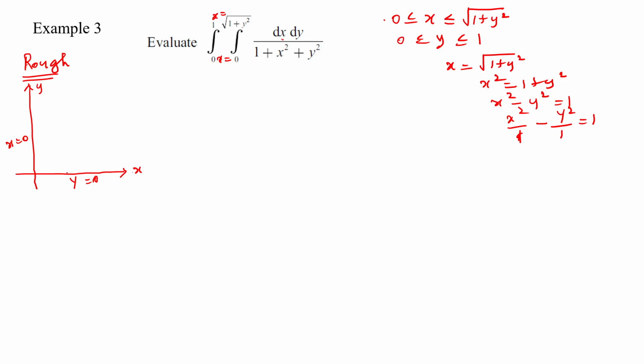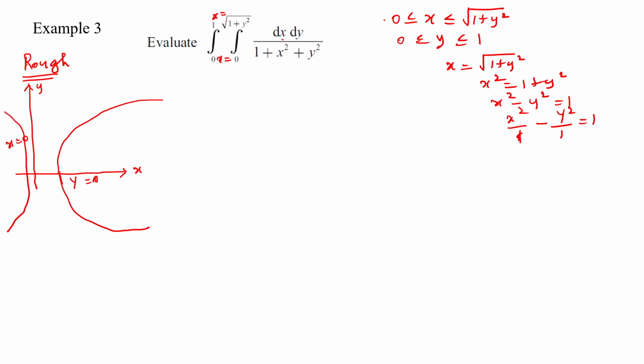So we can draw the hyperbola here. Both the sides hyperbola is there. But one thing, it is starting from y equal to 0 to 1. So it is y equal to 0 here.